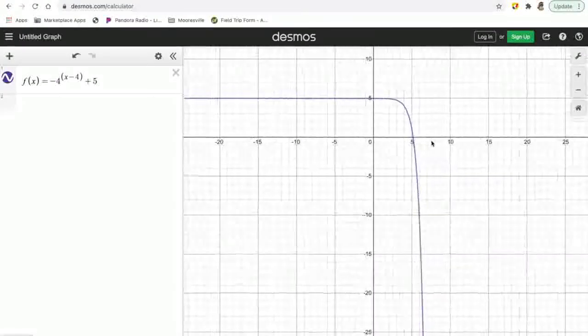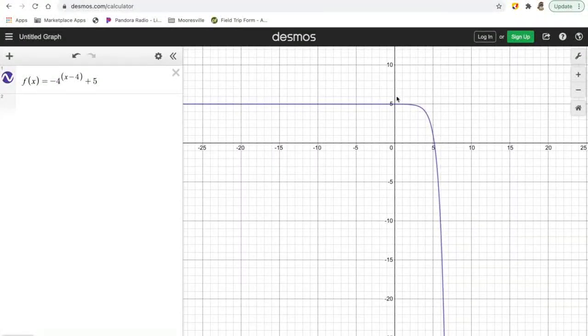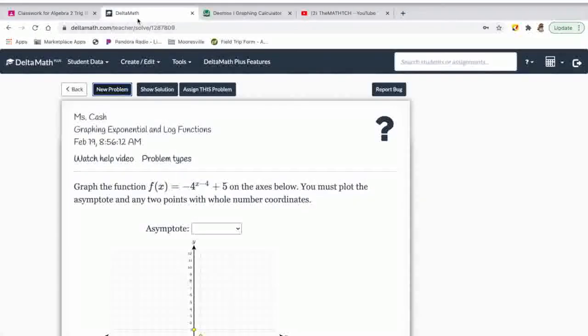I'm going to click and drag it so I can see exactly what's happening. Looks like this one has a horizontal asymptote at y equals 5. And then I need to find 2 corner points. It looks like I've got a corner point at 4, 4 and at 5, 1. So corner points, I'm going to go back into DeltaMath.